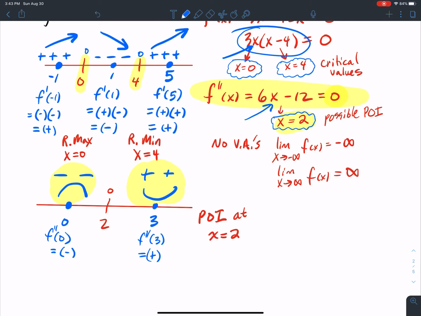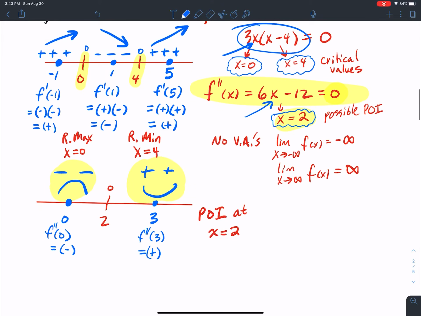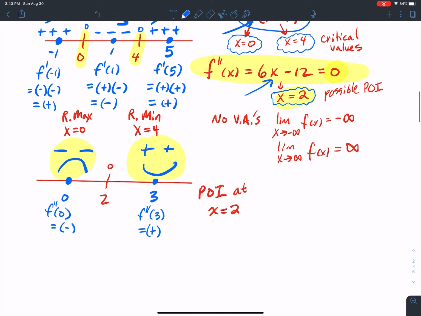Okay, so what's next? Well, I want to evaluate each critical value and point of inflection, figure out the locations. Okay, so how do I do this? Well, I need to work my way through it. So the first one is relative max at x equal to 0.